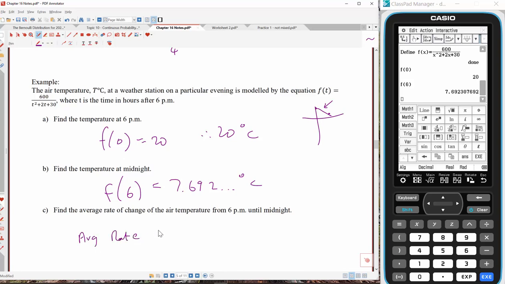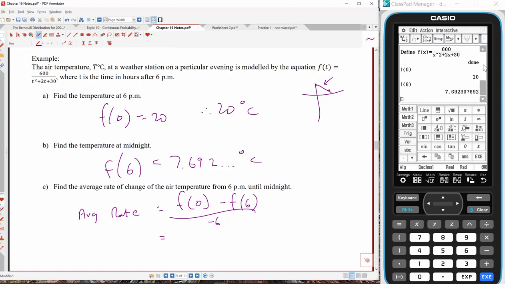So the average rate equals f of 0, take away f of 6, all over 0 take 6, which is negative 6. I usually do that the other way around, f of 6 take away f of 0, but it doesn't really matter which way you do it. So let's go shift divide, f of 0 take away f of 6, all over 0 take 6, which is negative 6.